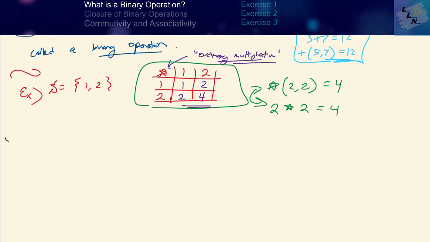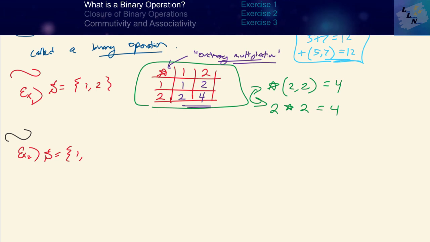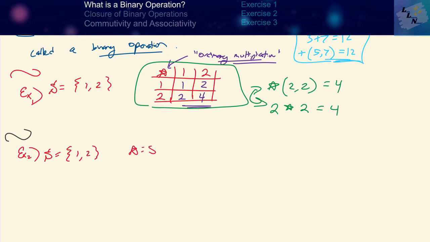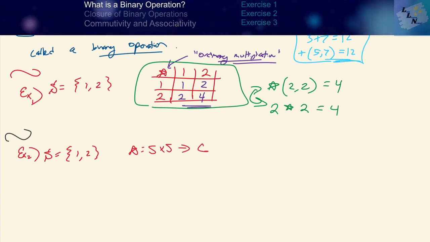So let's also consider another example. So example 2. Let's consider the same exact set S. So S is going to be, again, 1, 2. And let's define star from S cross S into some codomain C. We don't exactly know what that codomain C is.